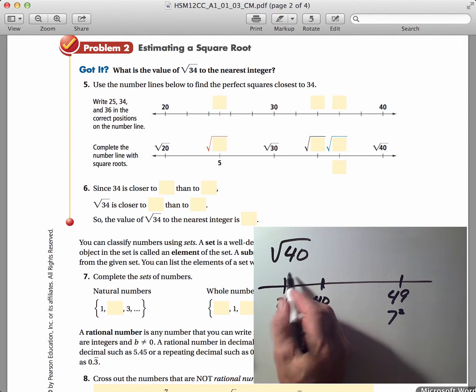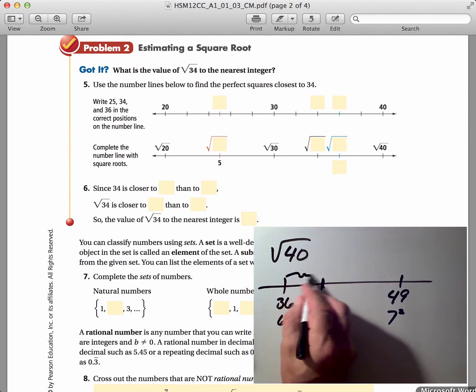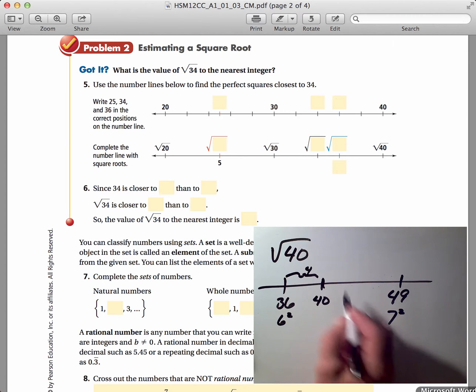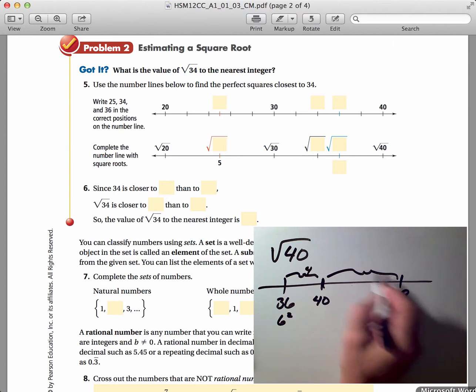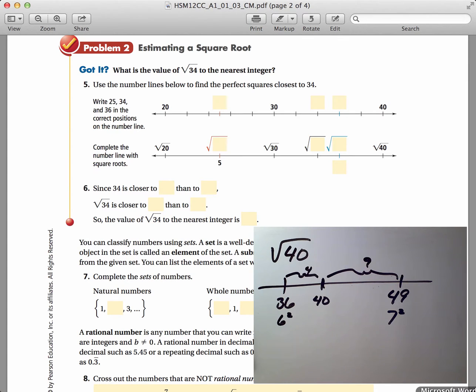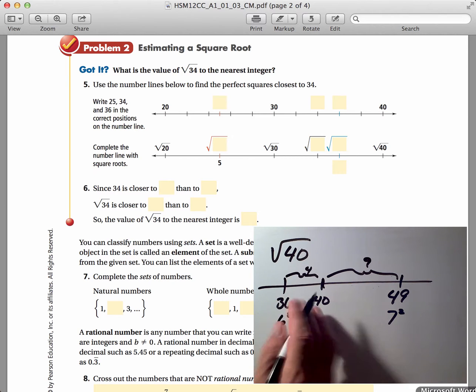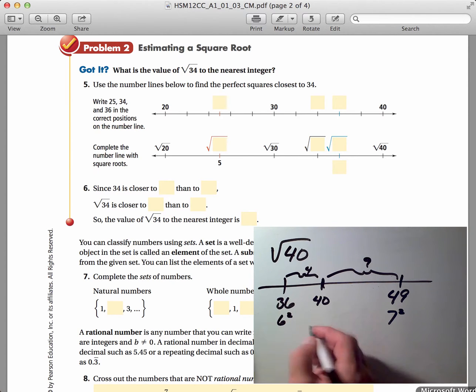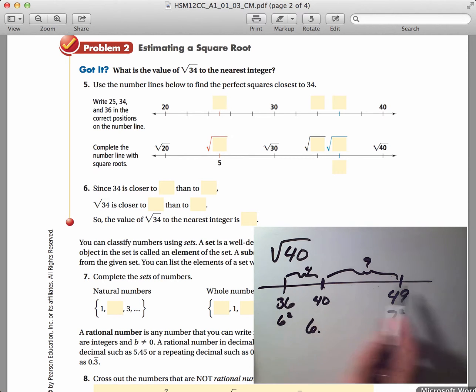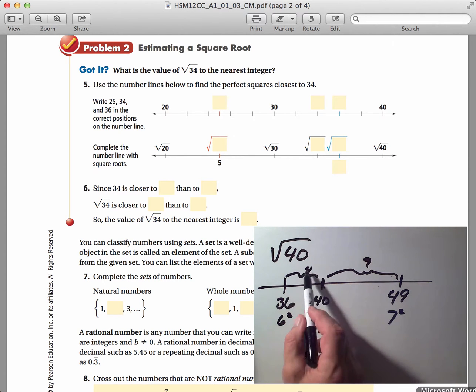What's my difference here? My difference here is 4, and my difference here is 9. So maybe a little bit more than 6. I can say 6 because I'm going to start here at my lower perfect square, and I'm going to say 6 point, and I can actually come pretty close if I figure 4/9.